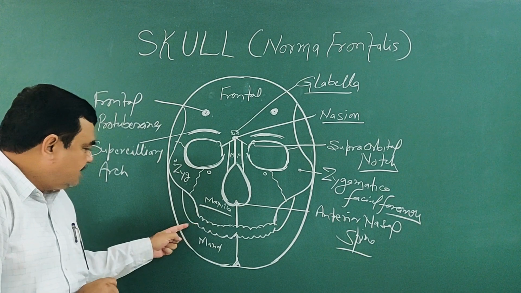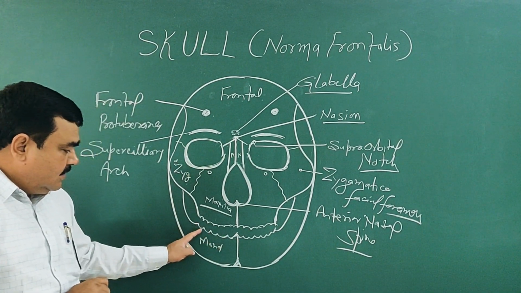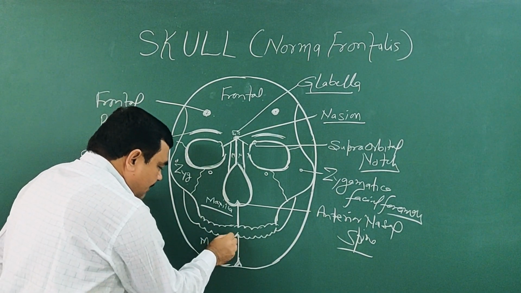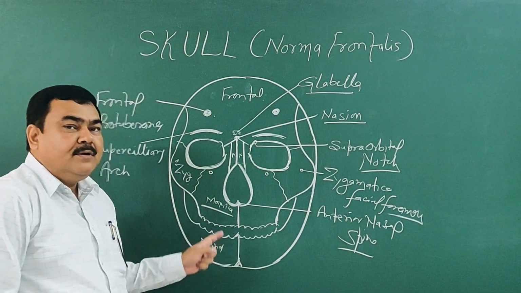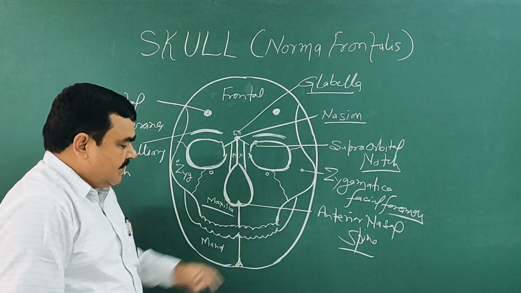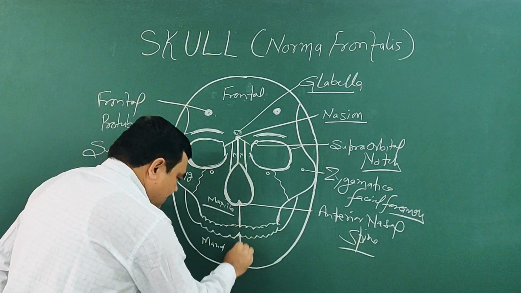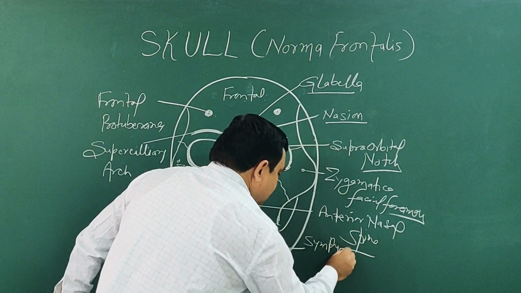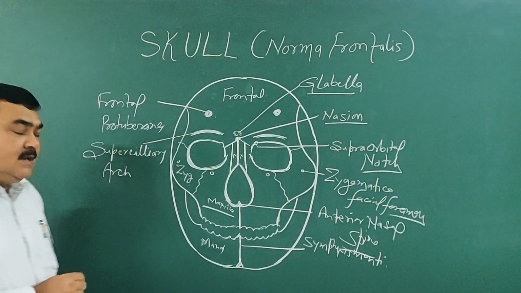The mandible has a body, and this part is the ramus. These are the sockets and the alveolar margin. The roots of teeth are attached to these sockets. In the midline, this is the symphysis menti.